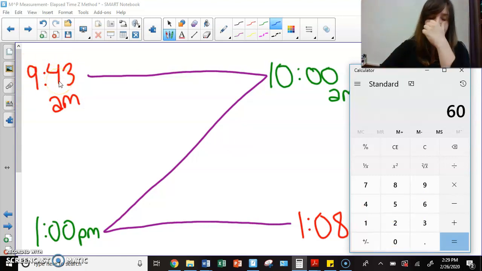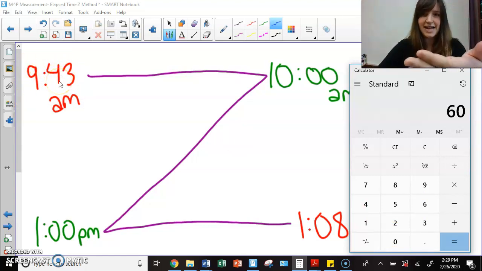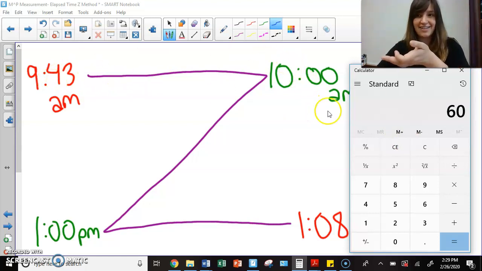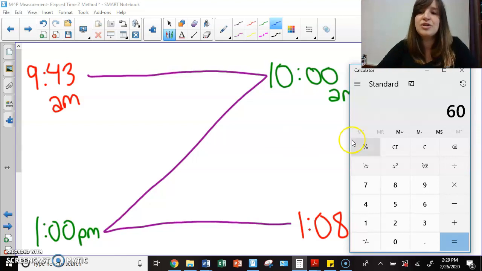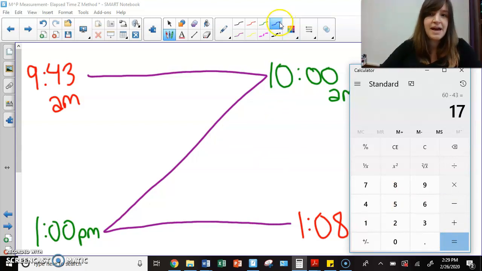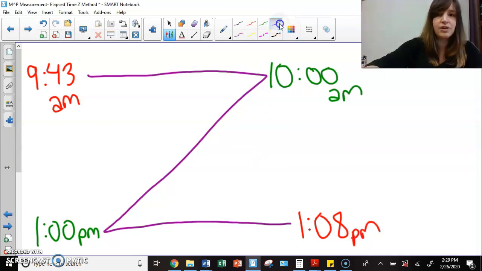So I have 43 minutes that have passed into 9 o'clock, and I need to see how many minutes are left until I get to 10 o'clock. So if I have 43 minutes that have passed, I need a total of 60 minutes to pass to go from 9 to 10. So I'm taking 60 minus 43. And that's going to equal 17. So the amount of time that has passed between 9:43 and 10 o'clock is 17 minutes.